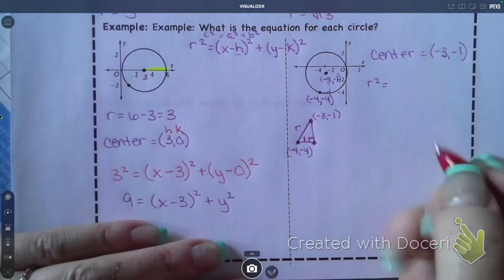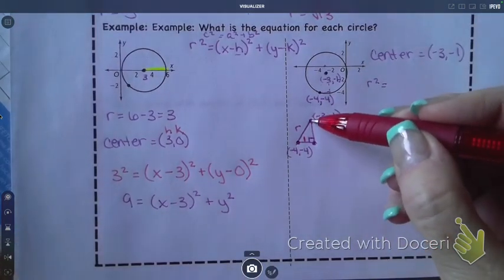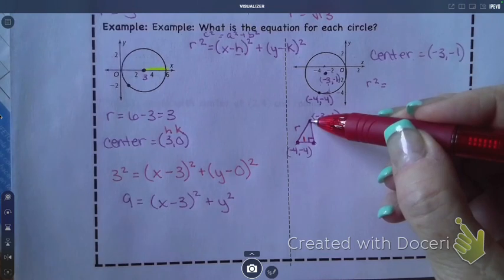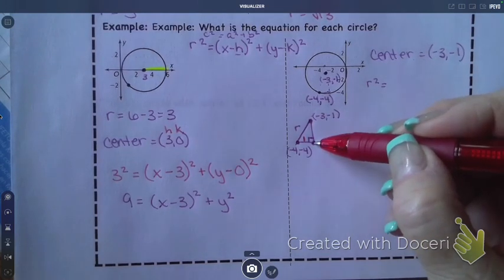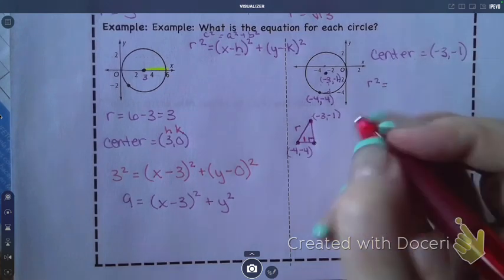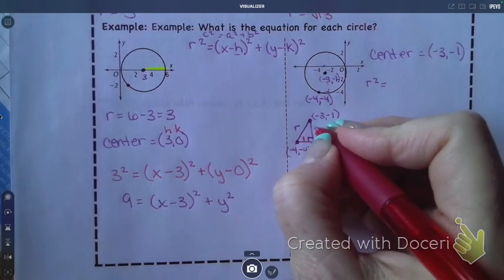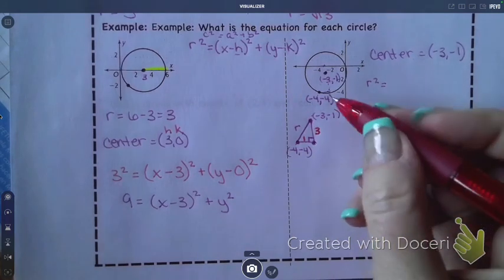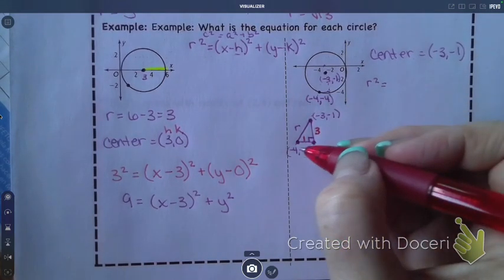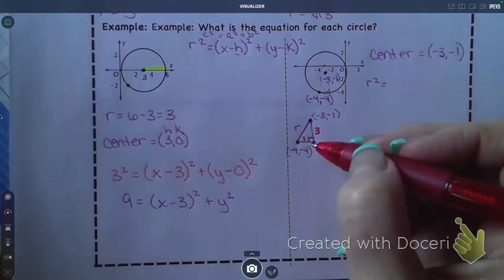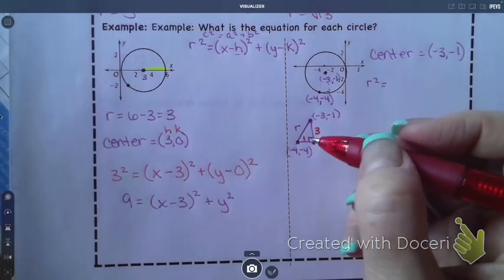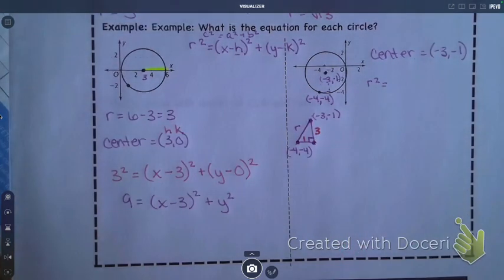Now, if this is -1 for the y, and this is -4 for the y, what's the difference? 3. Everybody following how we did that? The difference in the y's is 3. The difference in the x's is 1. Do I need to worry about a positive or a negative? No, it's just how long is this?